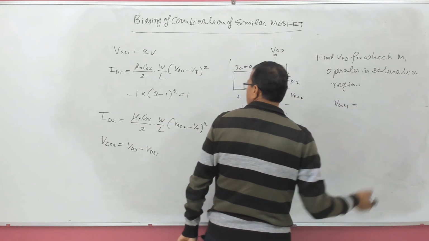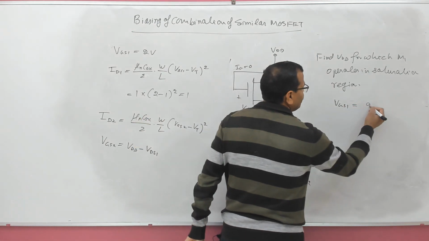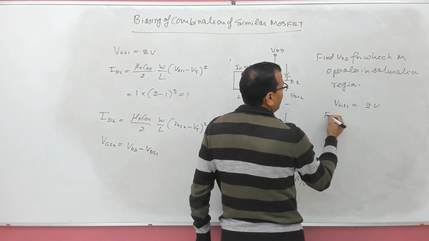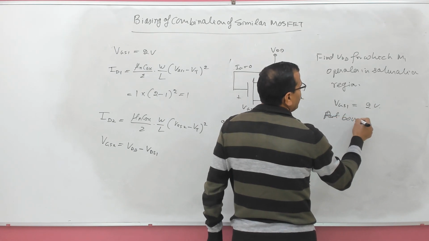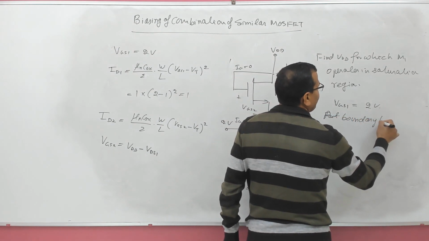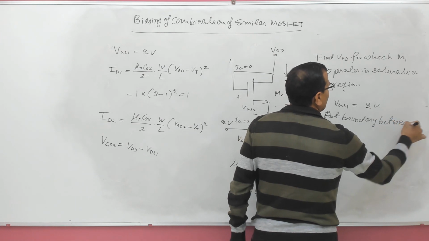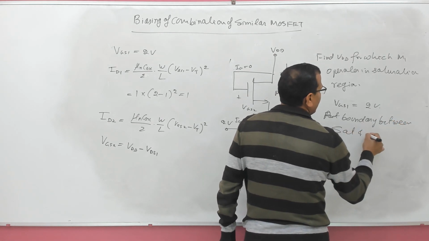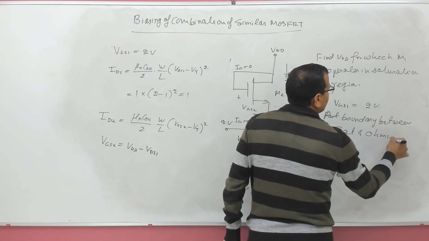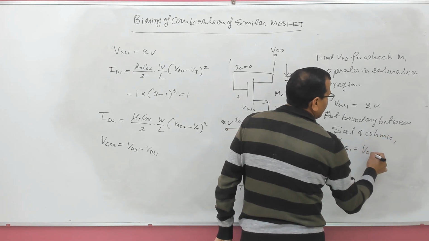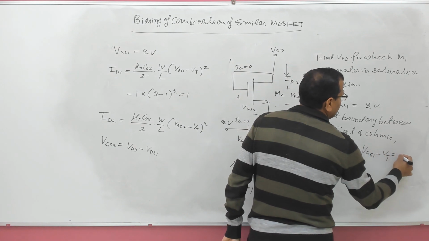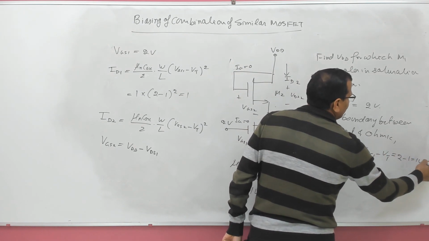VGS1 is 2 volt. At boundary, we can say at boundary between saturation and ohmic region, what is VDS1? That is VGS1 minus VT. VGS1 is 2, this is 1, so that is 1 volt.